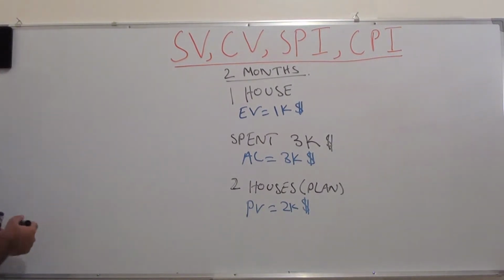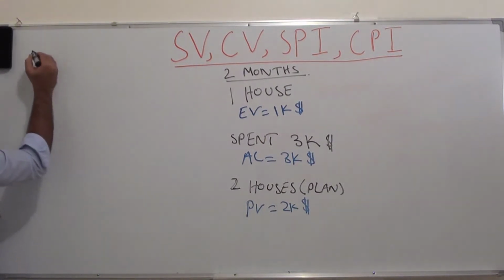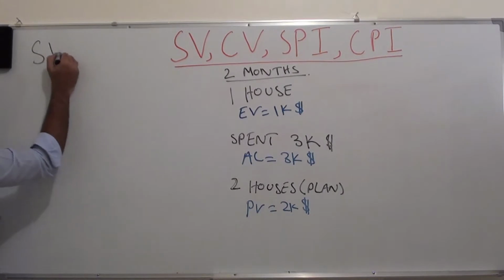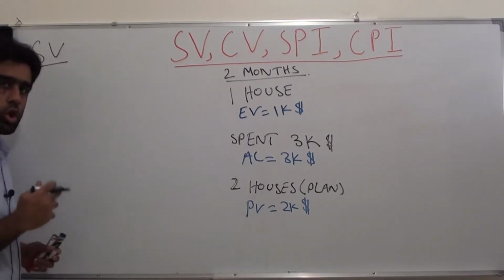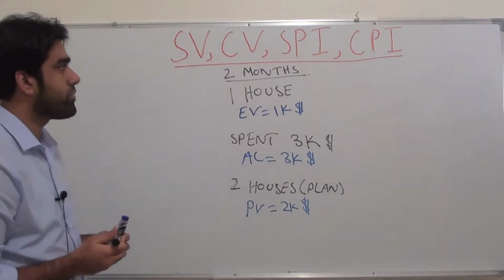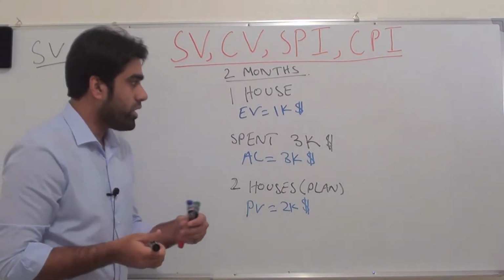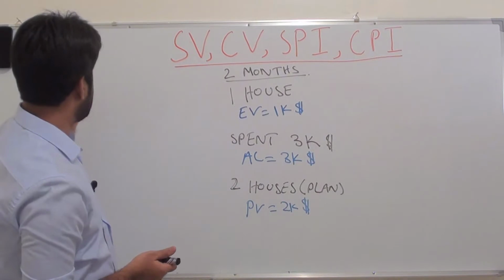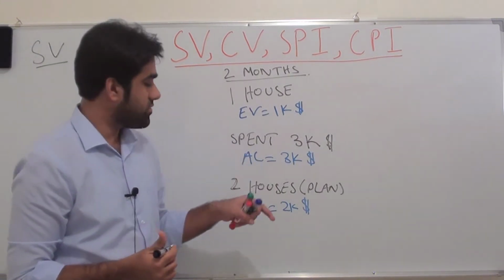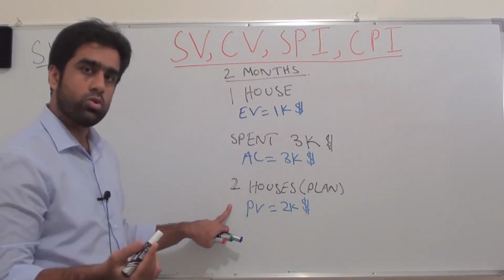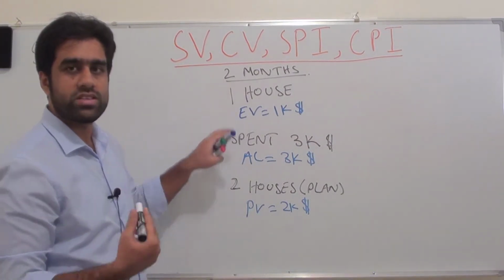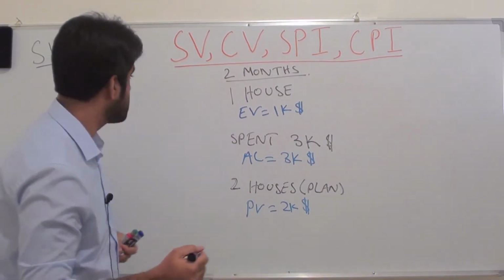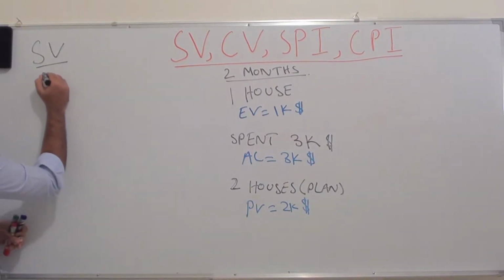So what is schedule variance? Let's understand it logically in this example. At the end of 2 months, we were supposed to build 2 houses, but we have built only 1 house. So what is the variance here? Yes, 1 house.